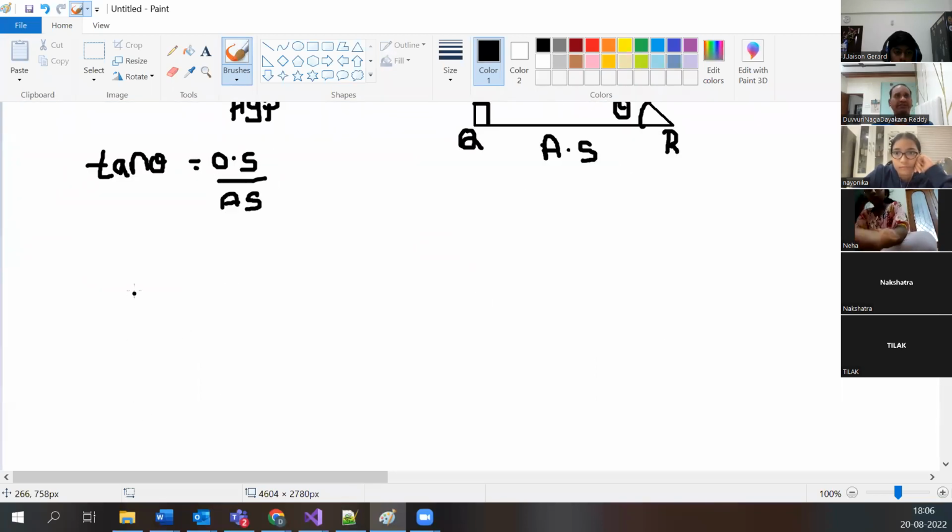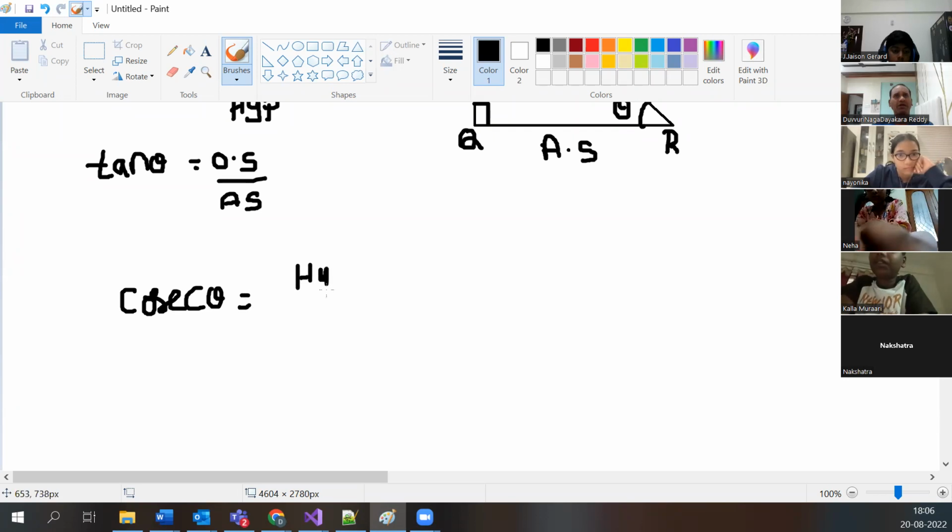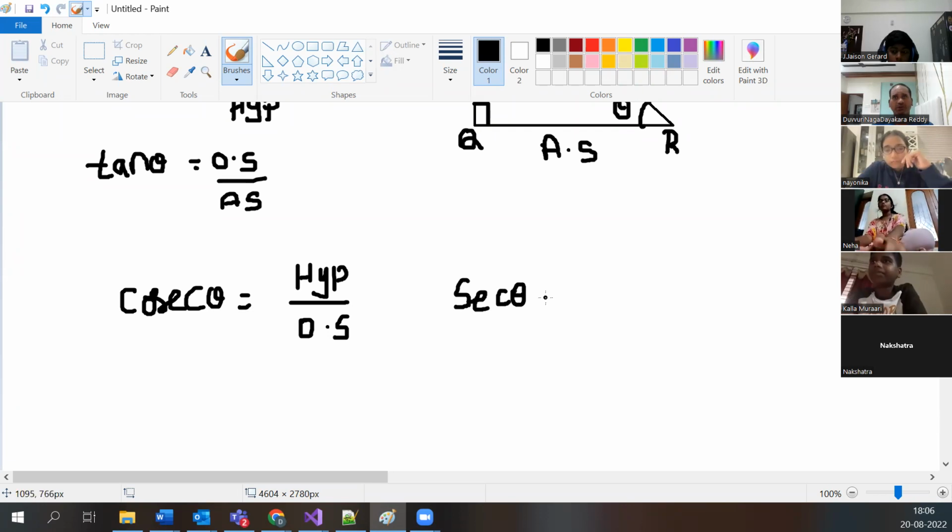Now let's move to the other things. Cosecant theta equal to the ratio between hypotenuse and opposite side. When it comes to secant theta, it is hypotenuse by adjacent side.